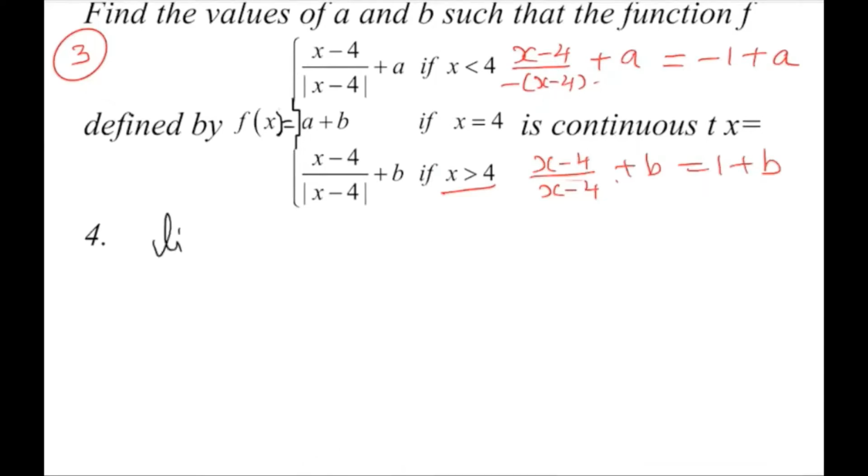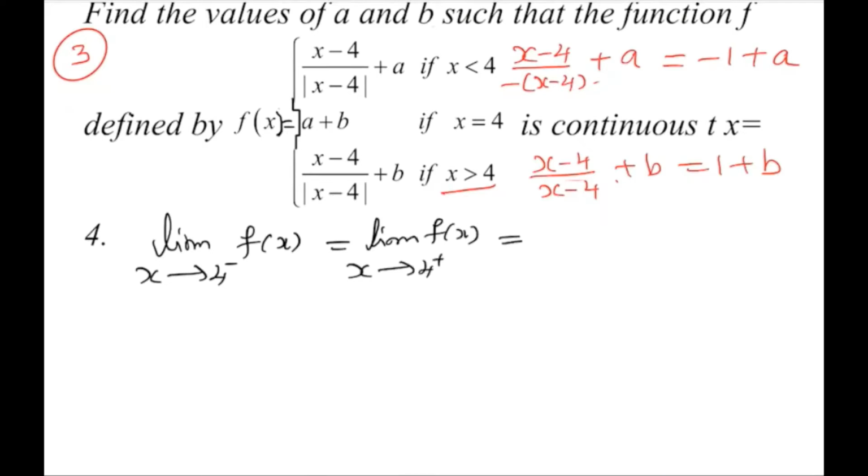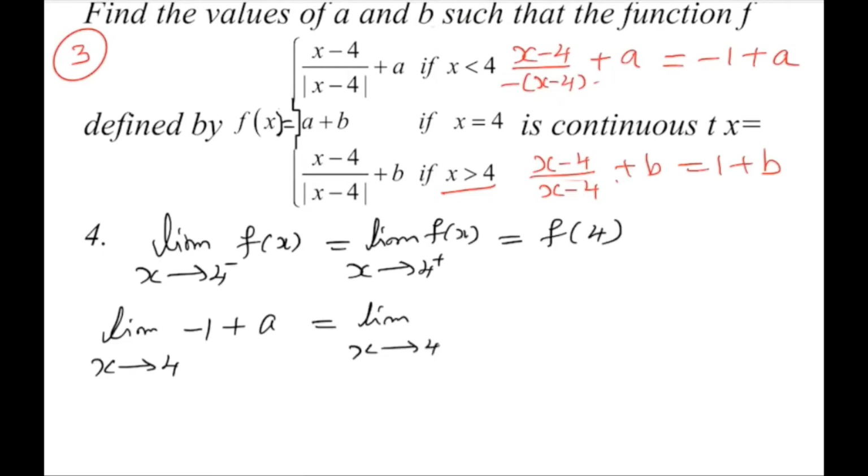So we shall write left hand limit, limit x tends to 4 minus f of x is same as limit of the function as x tends to 4 plus, approaching 4 from the right, which is same as the functional value. Now, when x is less than 4, f of x is defined as minus 1 plus a. When x is greater than 4, f of x is defined as 1 plus b.